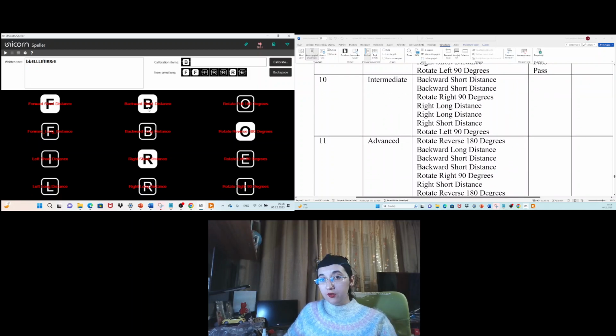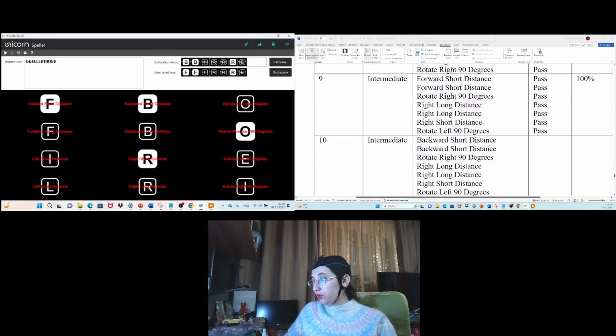Backward short distance 2 times, then rotate right with 90 degrees, then right long distance 2 times, right short distance, and rotate left with 90 degrees.